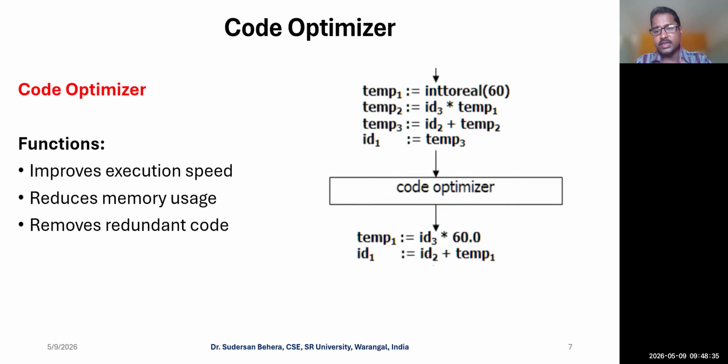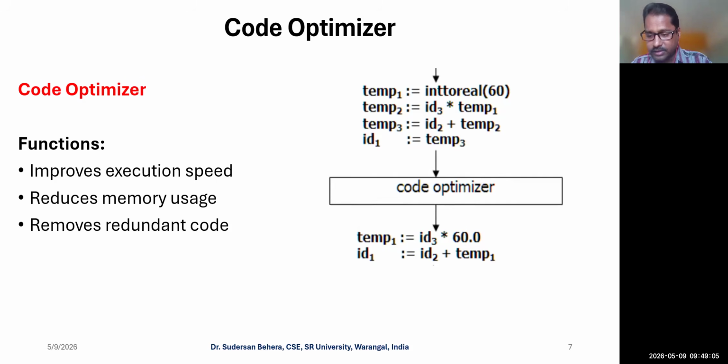You can see how those 4 lines of code are minimized without changing the meaning of the program, without losing information, without losing data. The same 4 lines of code are now reduced to 2 lines, and the same format is maintained. Three address code is also maintained.